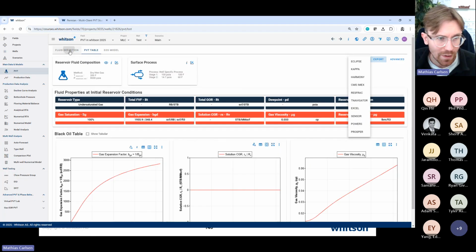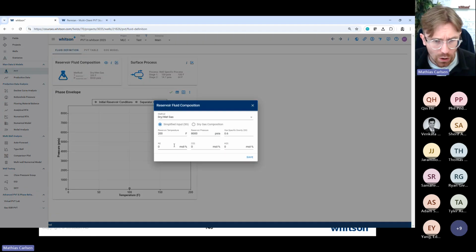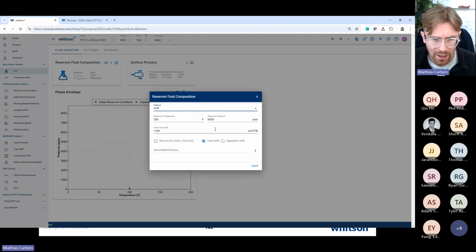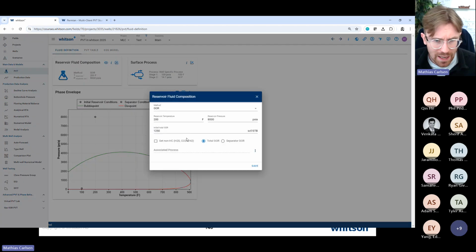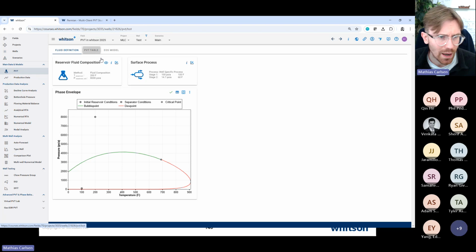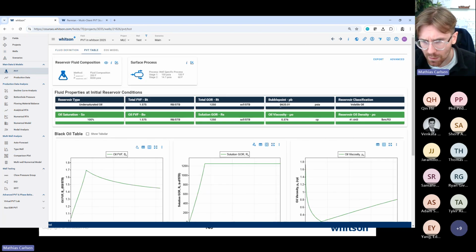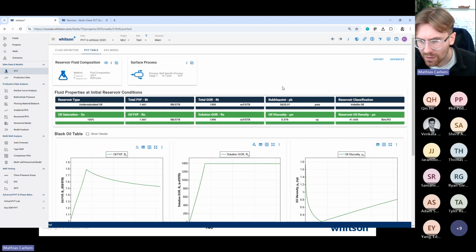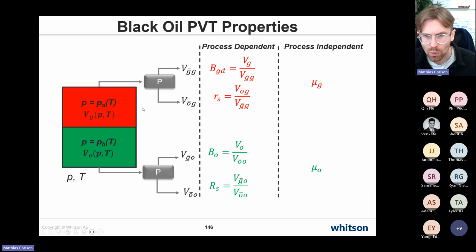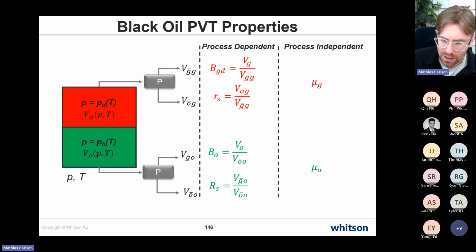So again, if I did this exercise we did earlier, where I had a composition right here, and if I keep the composition the same here, you see the viscosity and the bubble points will not change, but these properties right here, formation volume factor and GOR, will change. So if I remove these, you'll see these parameters were the same, these were increasing right here. And that's what we mean by these being process dependent, and these guys right here being process independent.